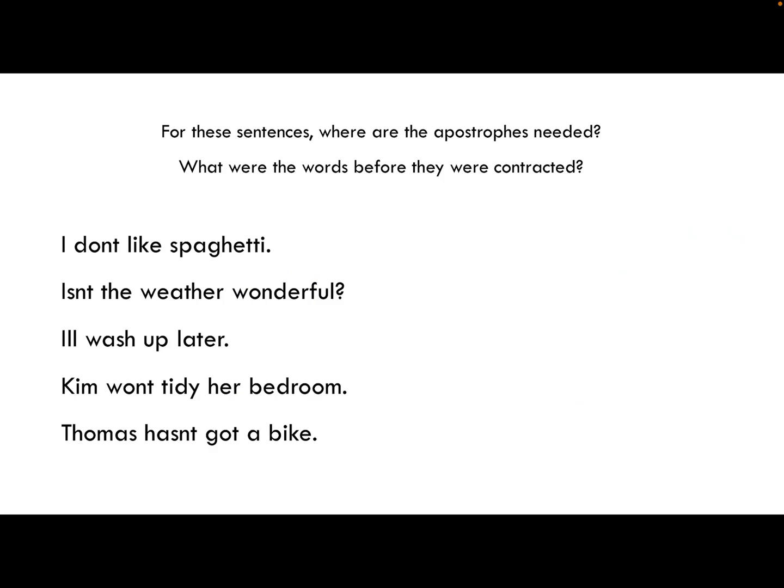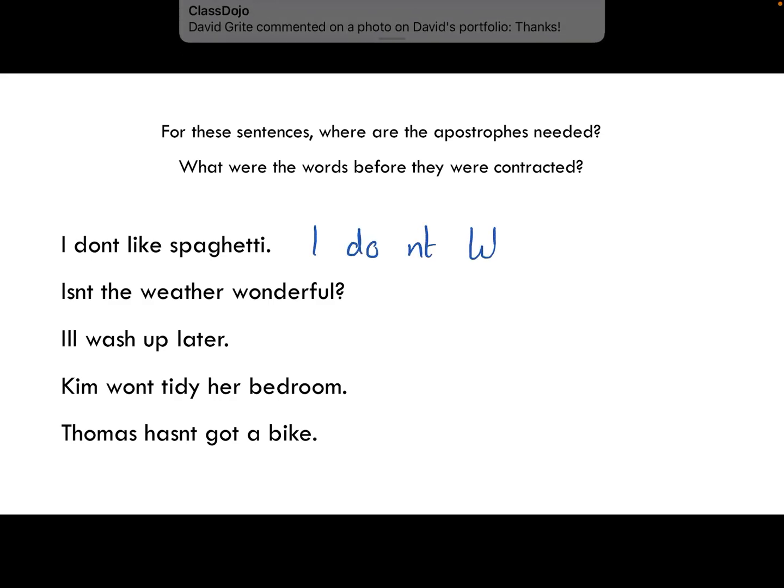So, for these sentences, where are the apostrophes needed? Have a go. Which words were contracted, and what would it be if it wasn't contracted? So, I don't like spaghetti.